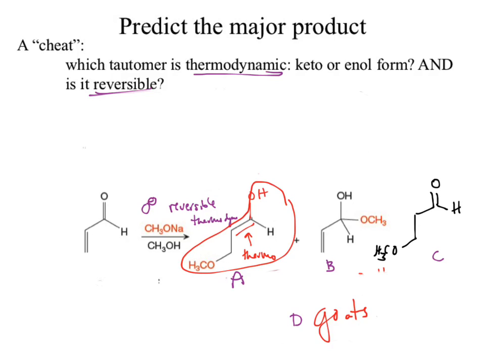That's an interesting answer, A and C. In our multiple choices, we do have the option for saying multiple things, but that is an answer choice. A and C are the answer. That's not an answer choice. Why is C the correct answer? C is the more stable form of our keto enol.